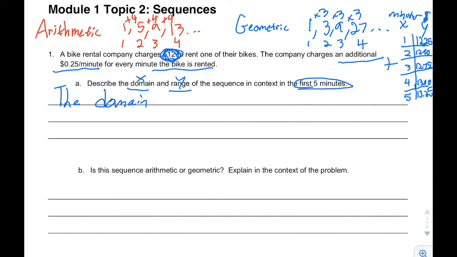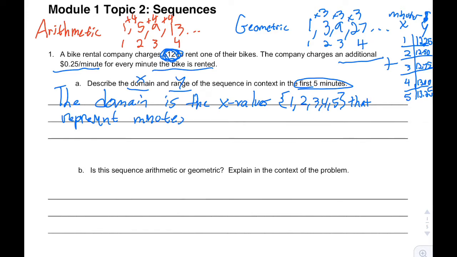So the domain is the x values 1, 2, 3, 4, 5 that represent minutes. So this standard for 1.2 represents context. Do you understand what's happening behind the problem?